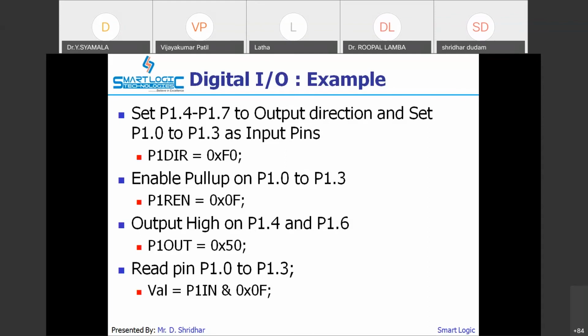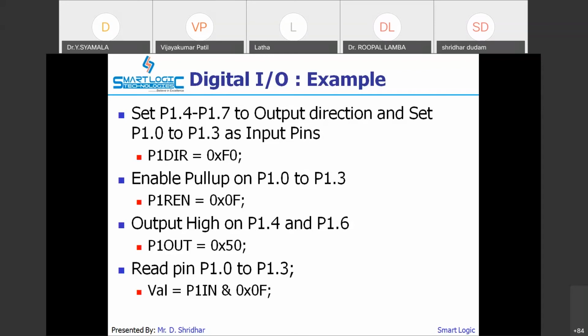And if you want to read the pins, then we can use the P1IN SFR for reading the corresponding port pin. Whenever you want to handle any GPIOs, we mainly need P1DIR, P1OUT, and P1IN, that is, the corresponding out register, input register and direction register.